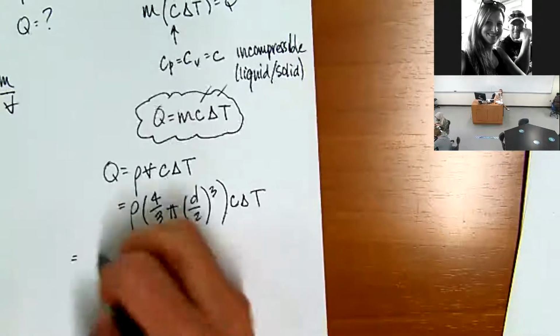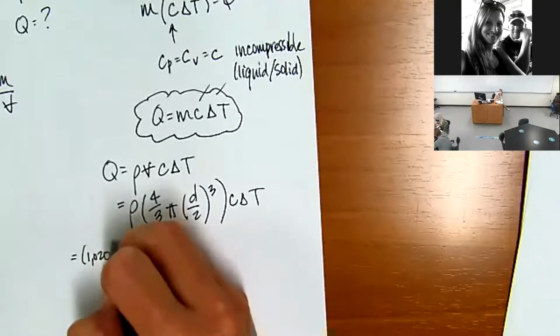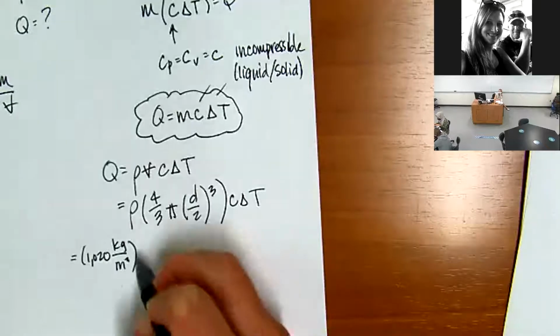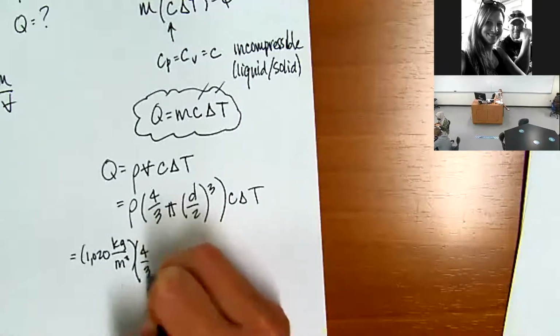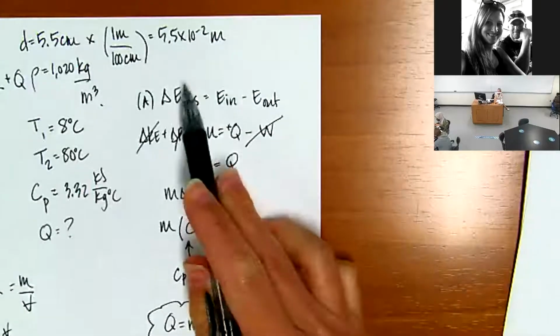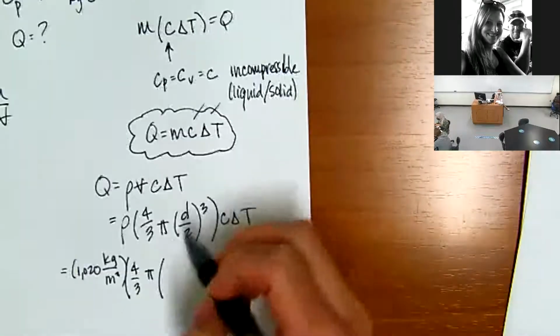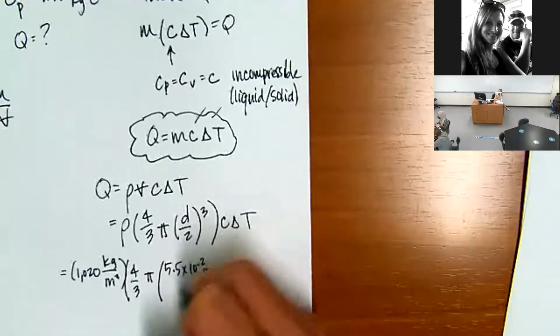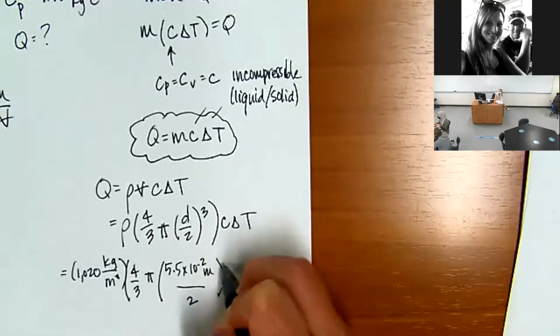So this equation becomes 1,020 kilograms per cubic meter, which is our density. Then we have 4/3 pi, our diameter, which is 5.5 times 10 to the negative 2 meters, divided by 2 to get radius, cubed.